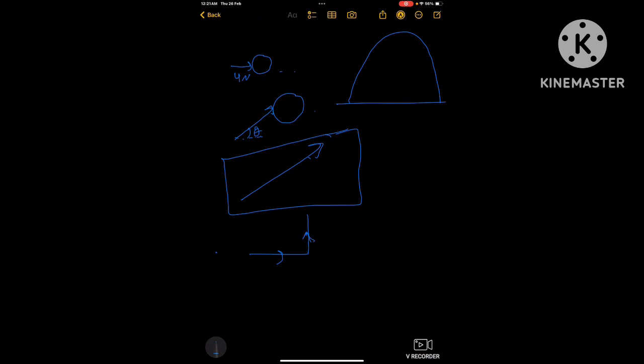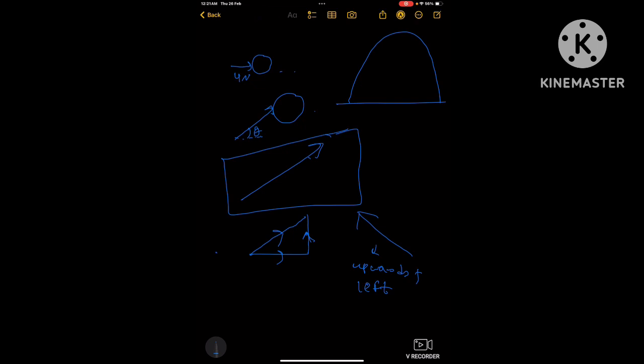If I combine these two, I get this vector at an angle. This shows that the ball is moving upwards and also to the right. What about this? Upwards plus to the left. It's a very simple thing to learn.